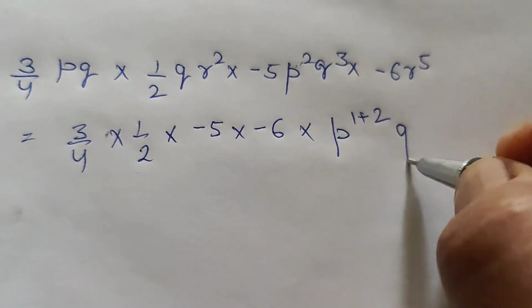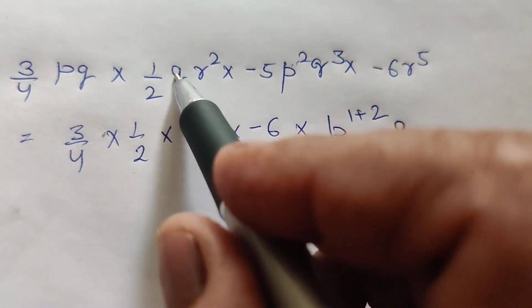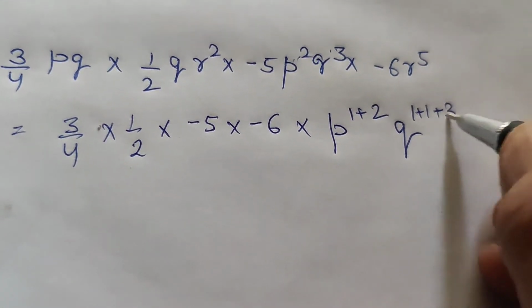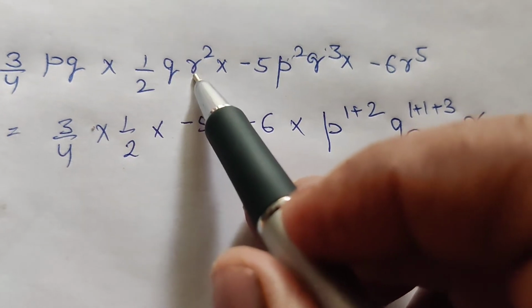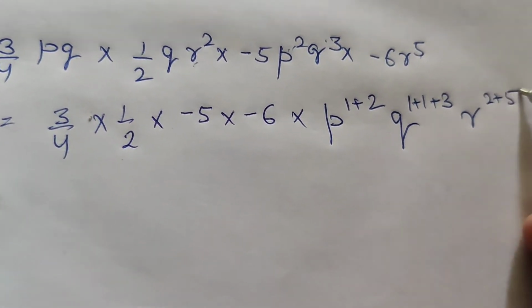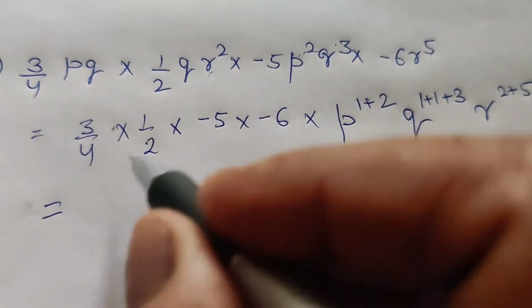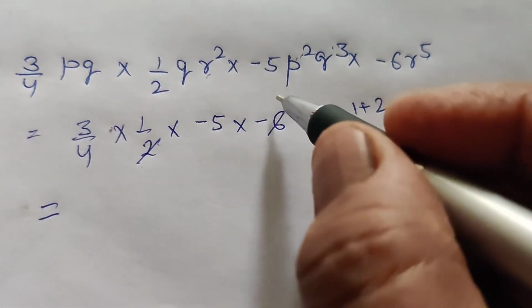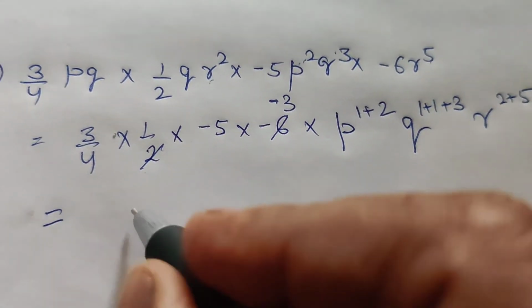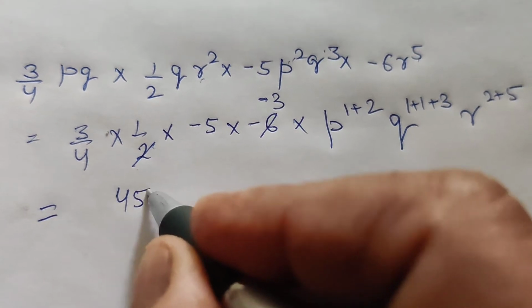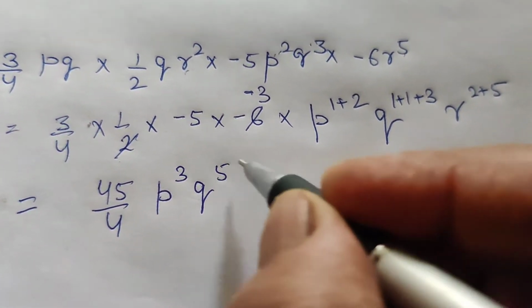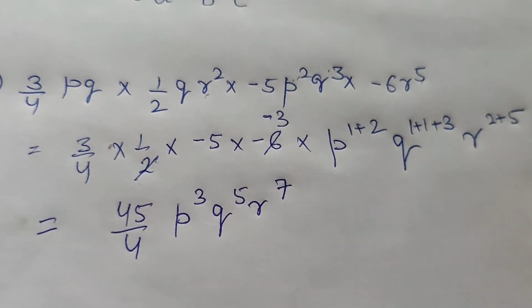Now q, 1 plus 1 plus 3. r, 2 and 5. Now 2 3s are 6, minus 3, 45 by 4 p raised to power 3 q raised to power 5 and r raised to power 7.